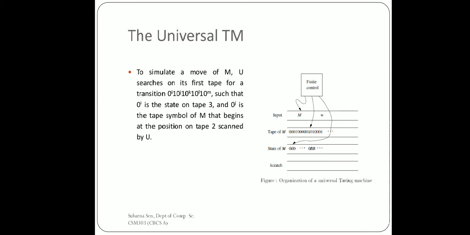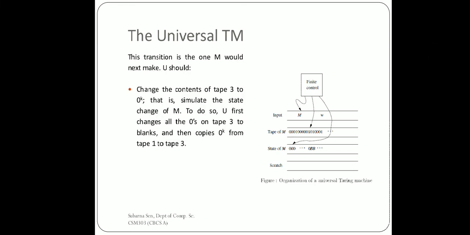And for the rest, 0 to the power k is for the next state, l for the output symbol, and m for the movement. D1 stands for left movement and D2 stands for right movement. We have learnt this in the coding part.